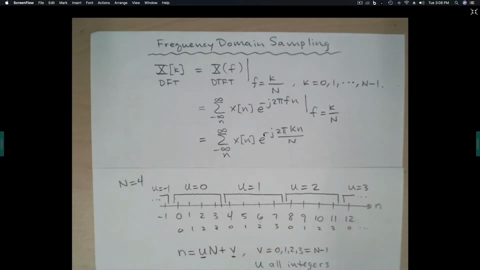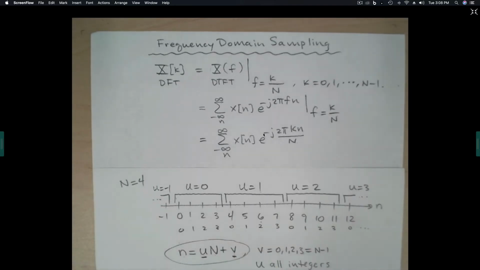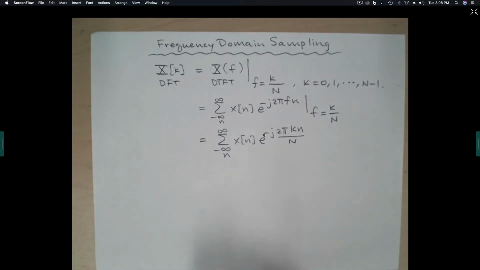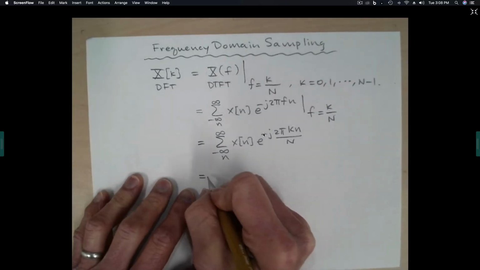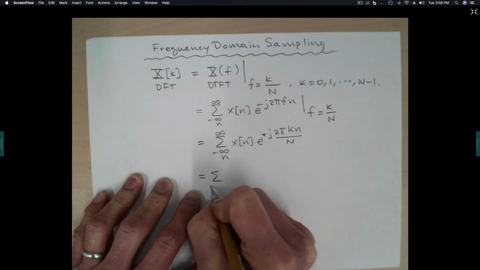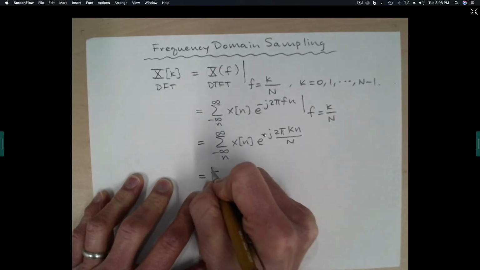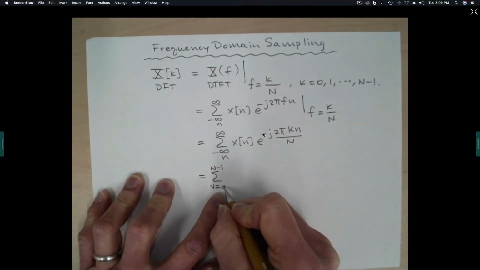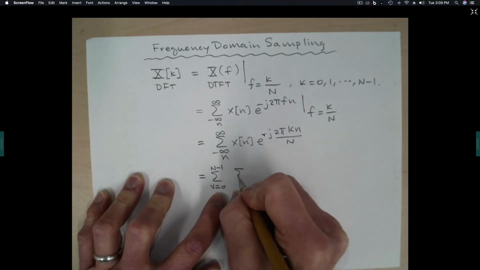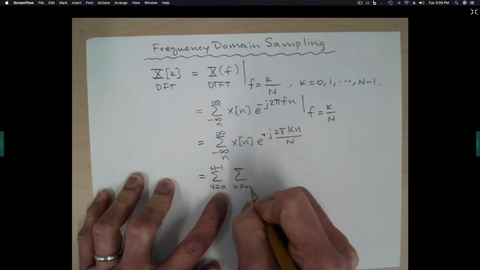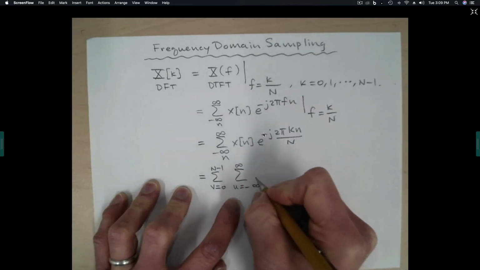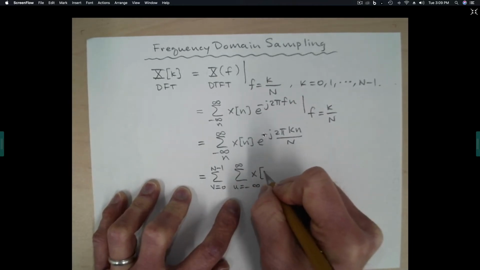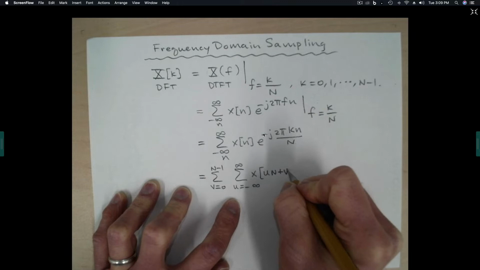If we do that change of variables, then this sum on n splits into two sums. I have a sum on v going from 0 to N minus 1, and then there's a sum on u that goes from minus infinity to infinity of x[uN plus v].